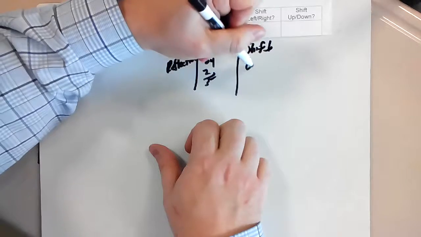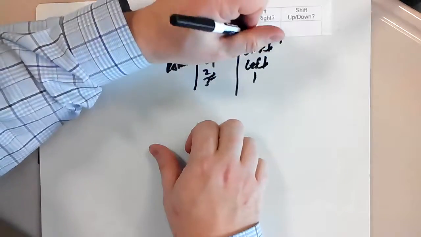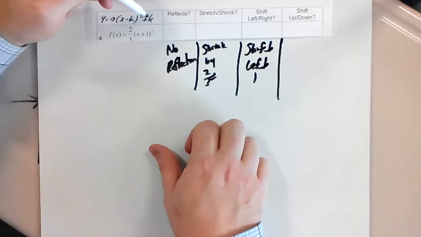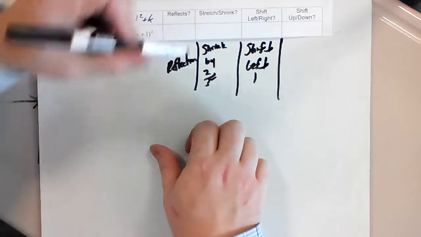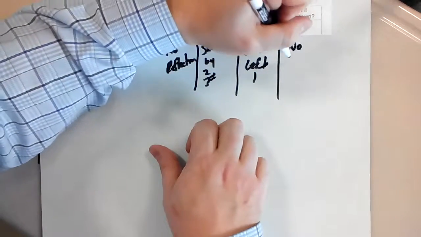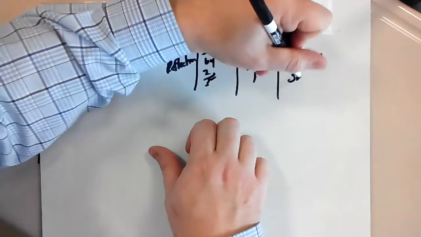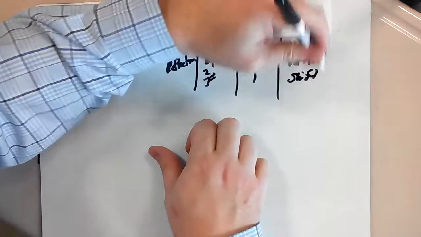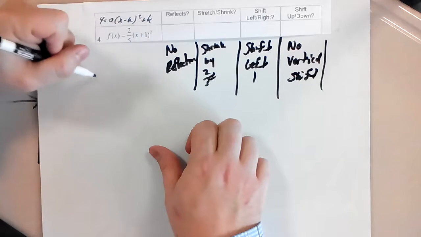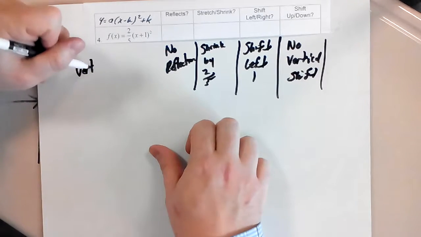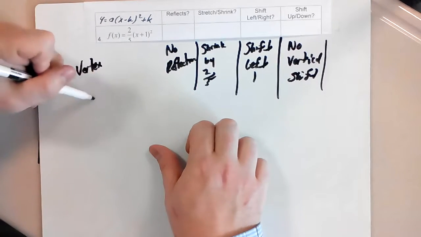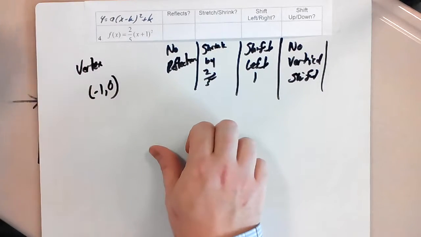Shift left 1. Now notice that K is missing. The K term is not here, so there is no vertical shift. For the record, the vertex here, if I were to write it out, is -1, 0. Okay, let's go to the next one.